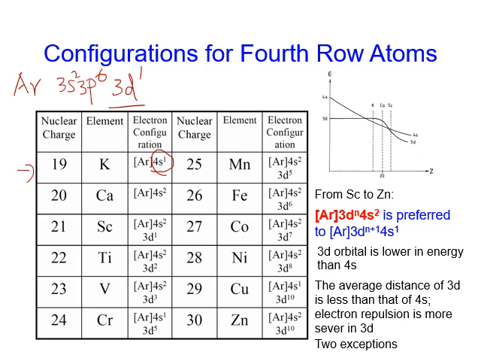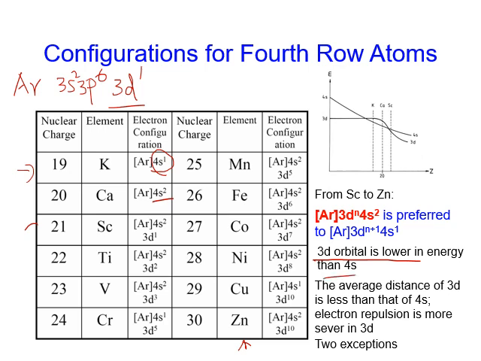Similarly, for calcium, the 2 electrons go to 4s orbital. Now for scandium to zinc, the 3d orbital is always lower in energy than 4s by calculation.